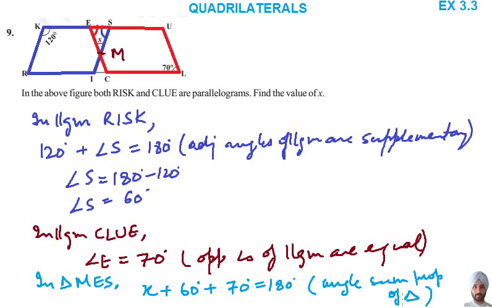I am making a triangle instead of writing the word triangle. So I am solving it further here. So x plus 60 plus 70 means x plus 130 degrees, that is 180 degrees. So x is 180 minus 130, therefore x is 50 degrees. Okay, it was quite an easy one but a bit lengthy. So let's move on to the next question now.